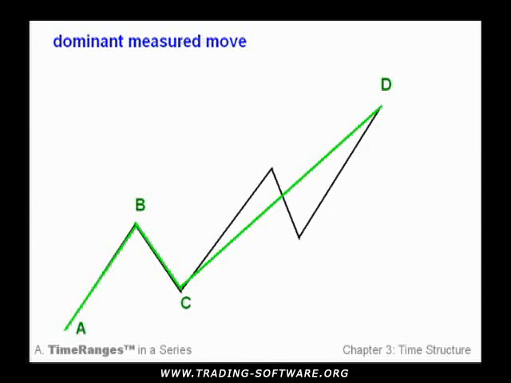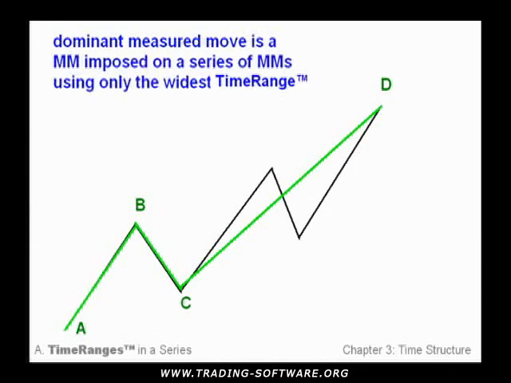So the dominant measured move is a measured move imposed on a series of measured moves using only the widest time range. So we pick out the widest time range in a series and simply draw one measured move over the entire formation. And that tells us whether the CD move has underperformed or overperformed. In other words, if C to D is still less than A to B, that implies that there should be still move to come.